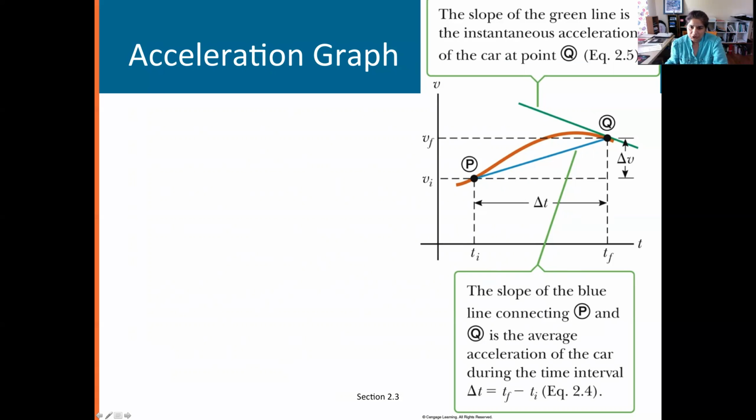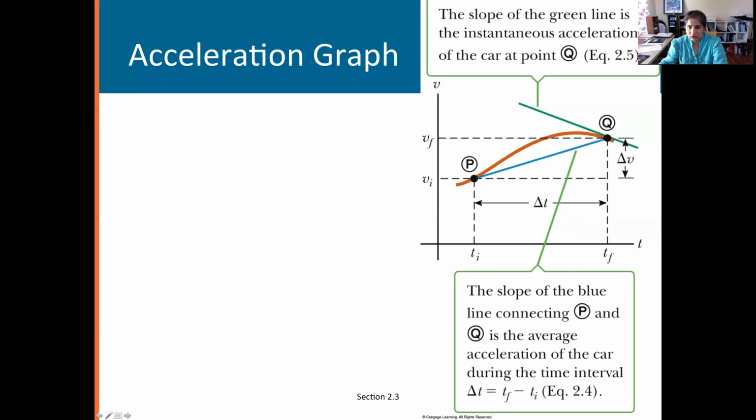If you go at the initial time to P, you see that the corresponding velocity is this initial velocity Vi. And if you go look at the final time and go to Q, your corresponding velocity on the y-axis is some Vf.